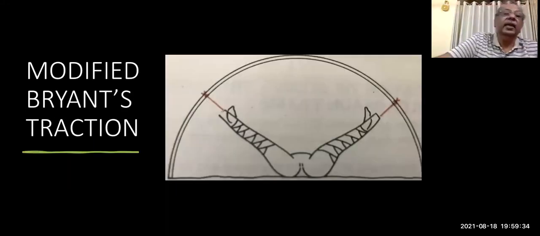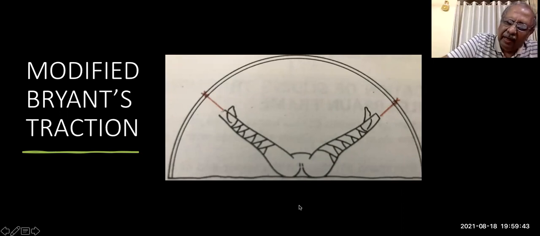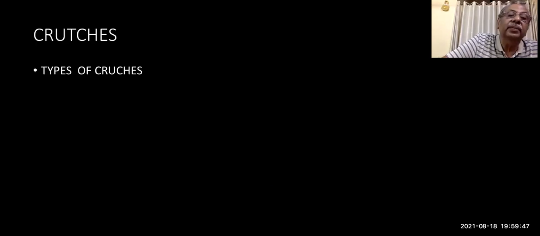This is the modified Bryant's traction that is used in the management of DDH, where every day you abduct the limb. I give traction and abduction till the hip is reduced. So these are things that can be asked regarding traction.